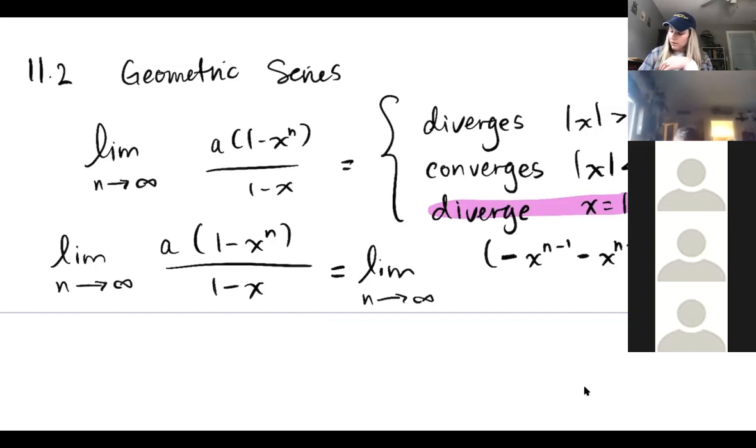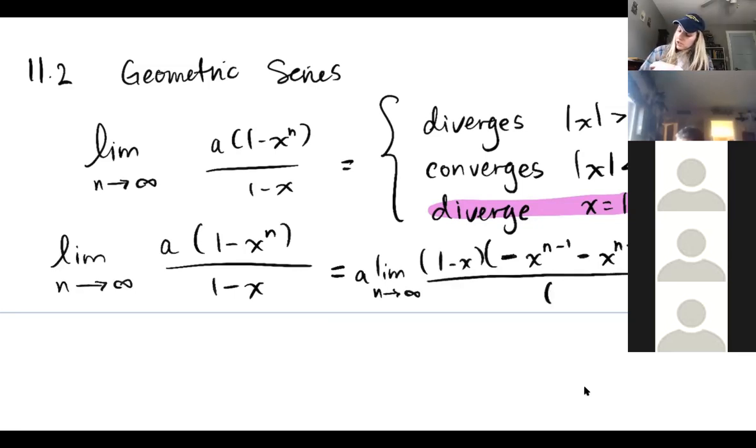Let me move that a to the front so you can see what I mean. I've got an a out front, I've got my limit, and I'm trying to factor 1 minus x to the n to have a 1 minus x factor.